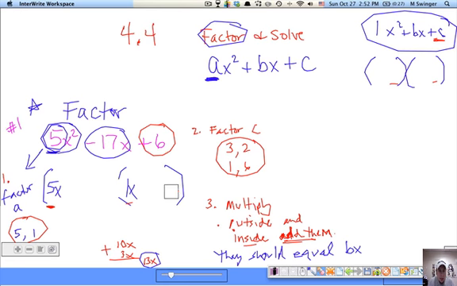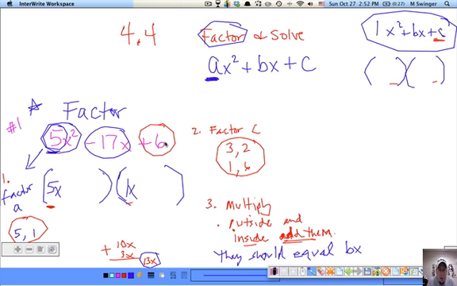Erase this. Now these two stay the same because that's the only thing I can have: 5x and 1x. I can't have 2 and 3 or whatever else there is. But if it was a different number, you might have to change these numbers too. So you're going to have to try all different combinations, but that's the only combination we need for this.